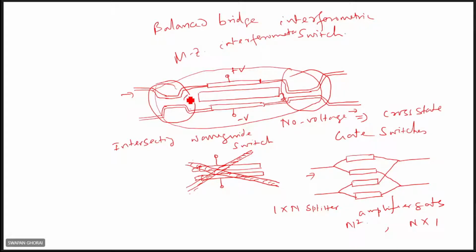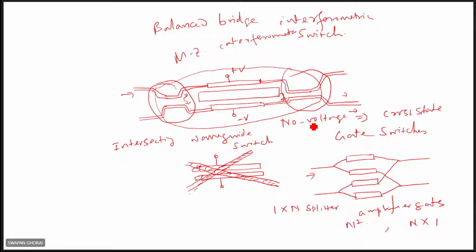When no voltage is applied, the light enters the second waveguide and the second coupler, which acts the same as the first. So it will combine, and all the light will be transmitted in the cross state, the lower port.